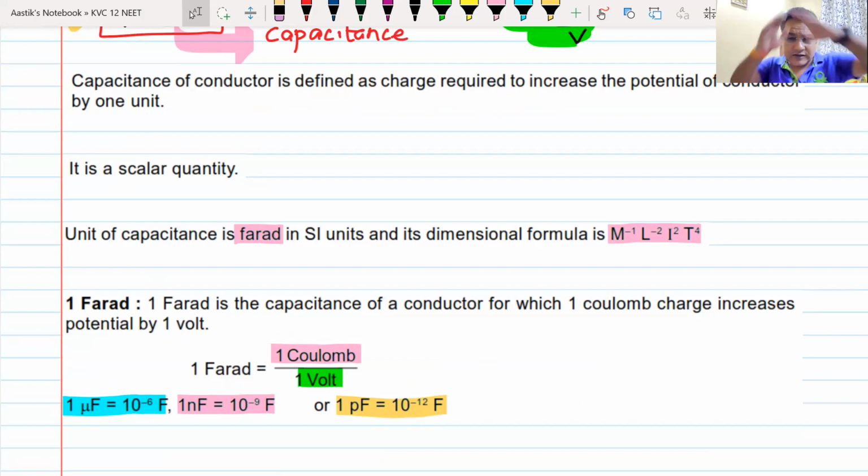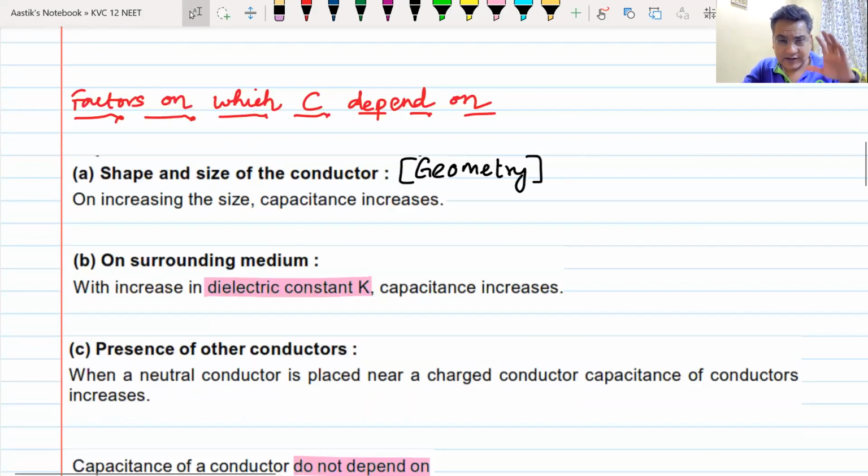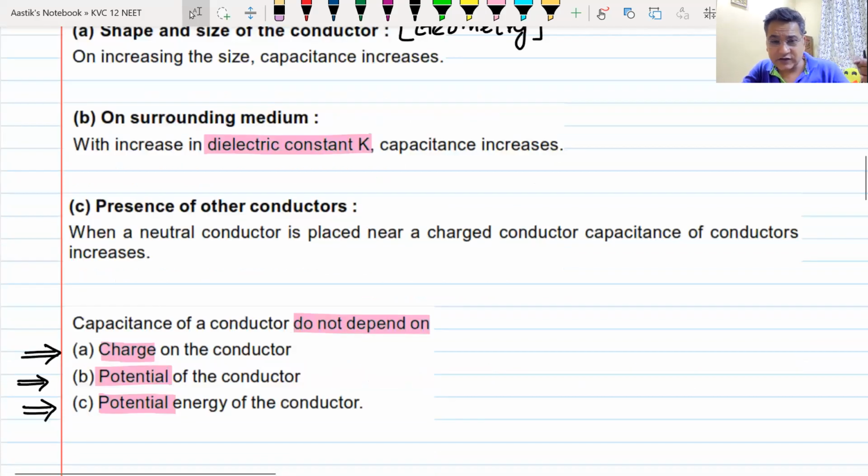Farad is a very big unit. The capacitance of Earth is around 711 microfarad. We also saw the factors on which the capacitance of a conductor depends: size, shape, geometry, surrounding medium, and the presence of other conductors. Capacitance does not depend on the value of charge Q, V, and the potential energy.